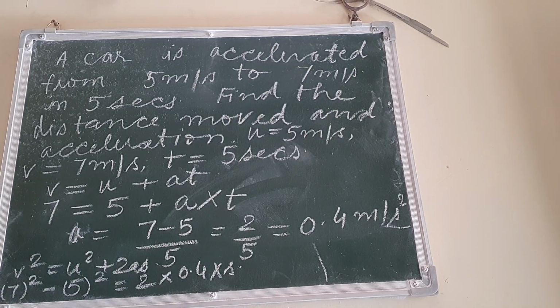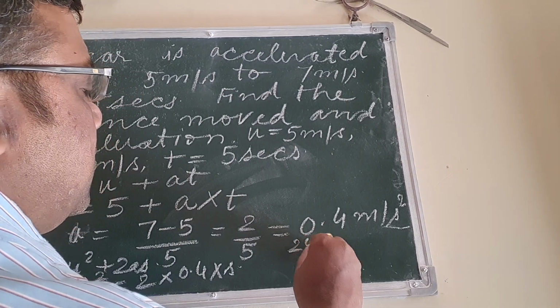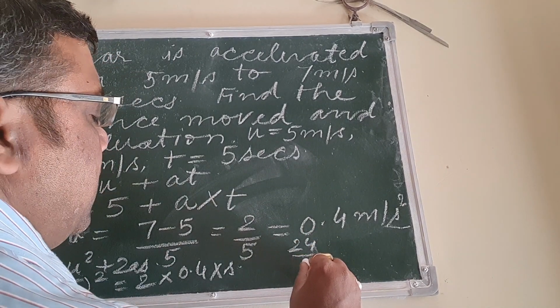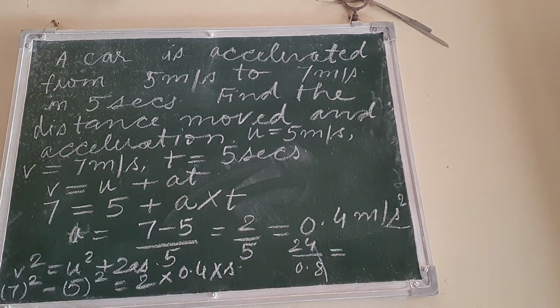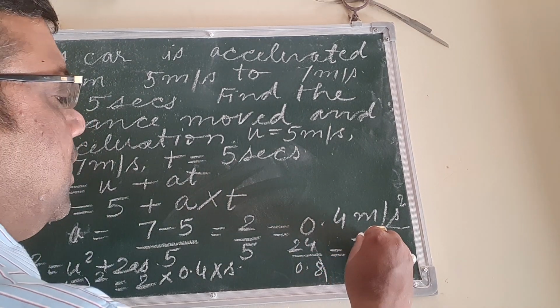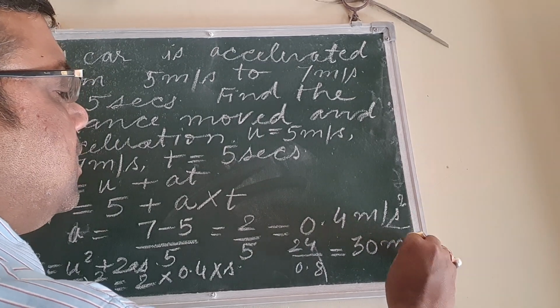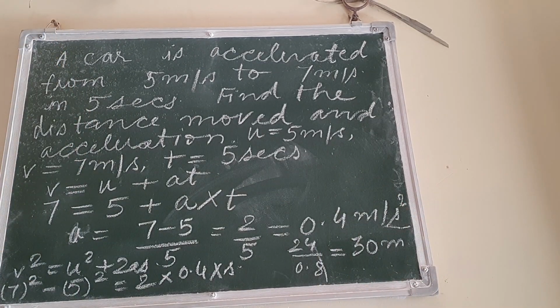So 49 minus 25 is 24. So 24 upon 0.8 is coming out to be 30 meters, the distance that is moved during the journey.